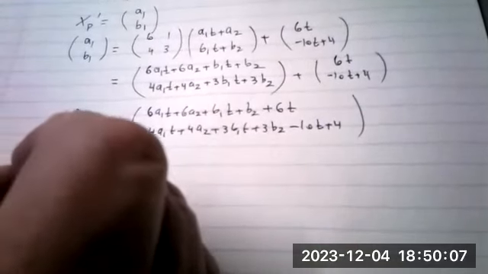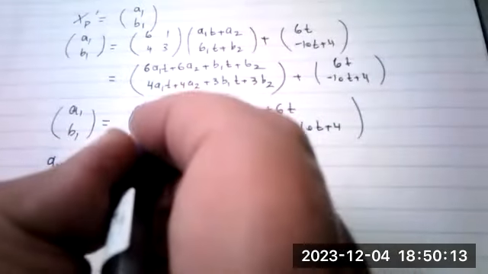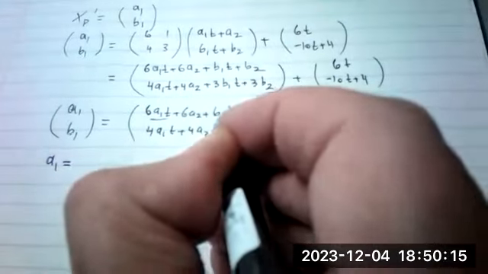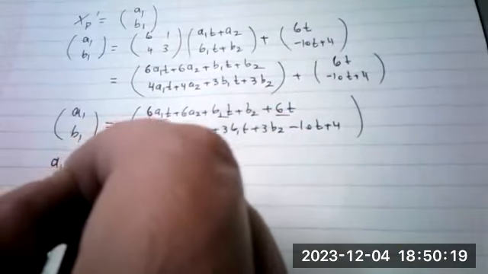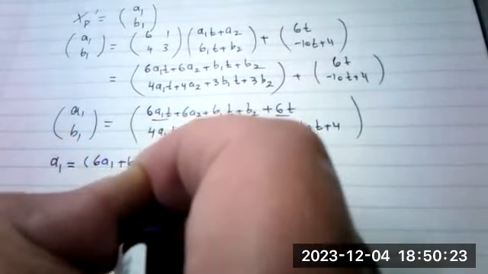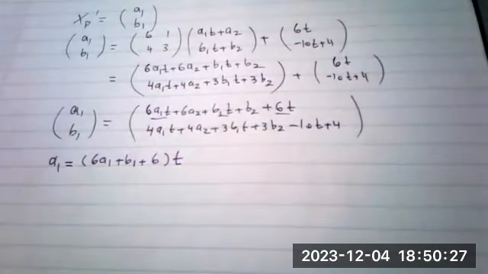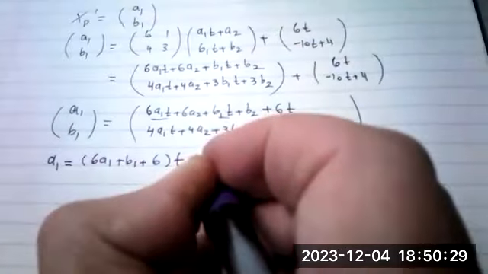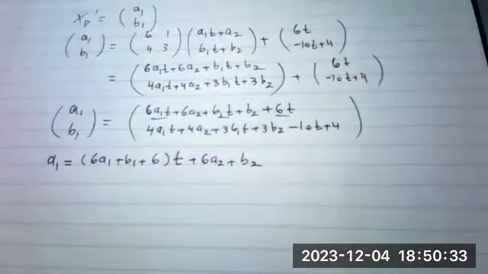It's going to be A1 equal to, and I'm going to organize it as a polynomial. So I put those t's together. Okay, so this is going to be (6A1 plus B1 plus 6) times t. The leftover is going to be 6A2 plus B2. That's the first one.